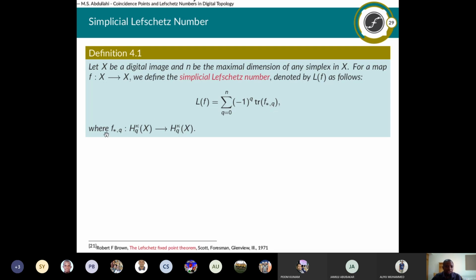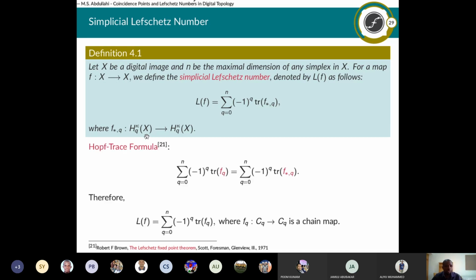By f star q, I mean the map induced on the homology groups of the digital image X. There is a classical result called the Hopf trace formula, which tells us that the alternating sum of traces of fq is the same as the alternating sum of the traces of f star q.